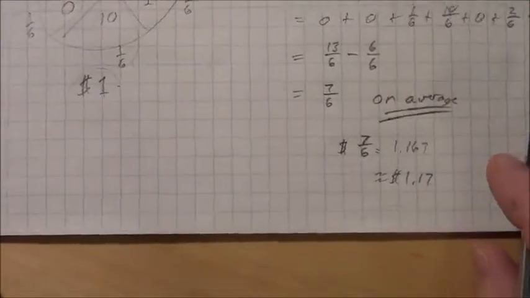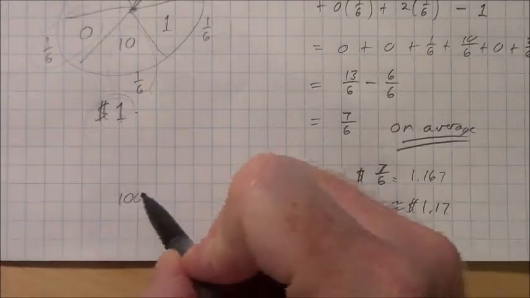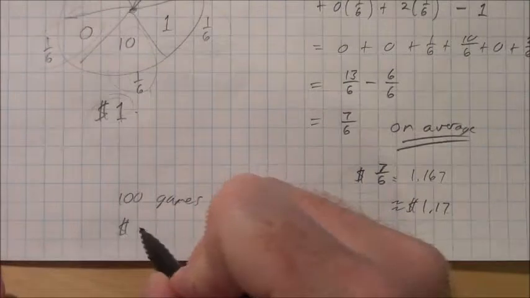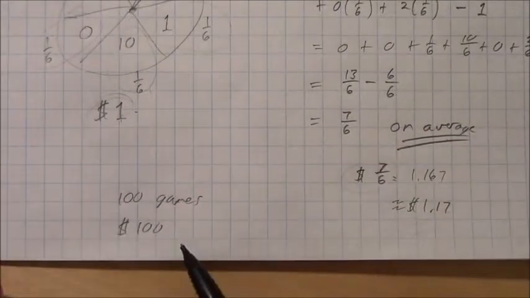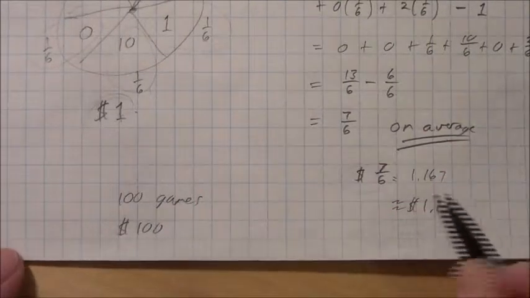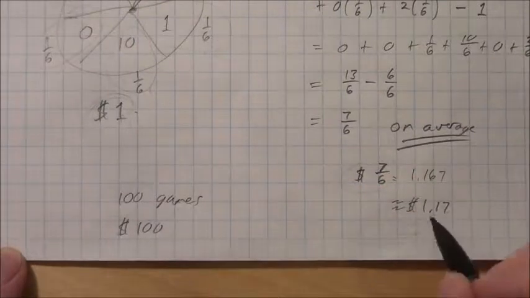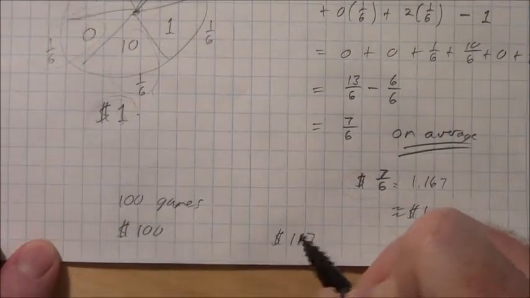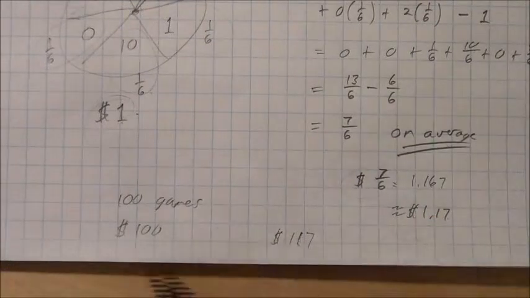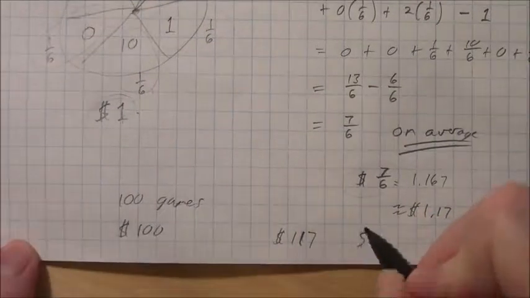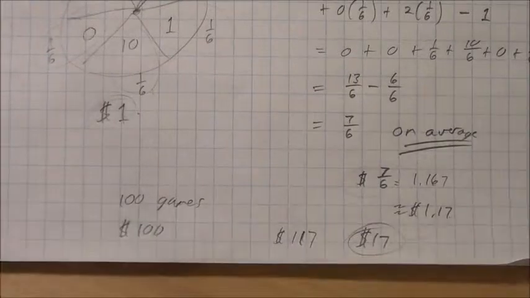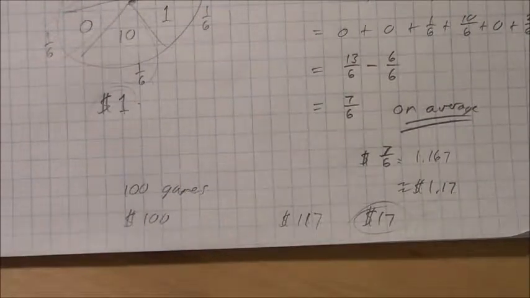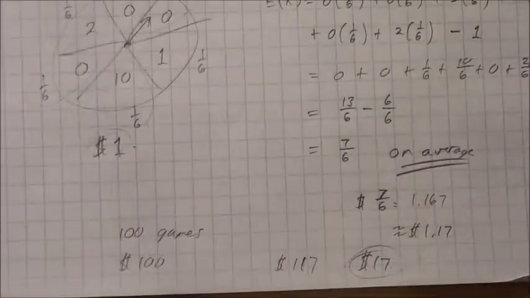So then if, for example, you played 100 games of this, you're going to shell out $100 to play, of course, but you're going to be winning $117. So over 100 games, you're going to come away with $17. Okay, so it's not necessarily a fair game.